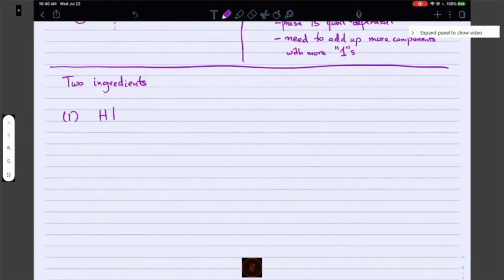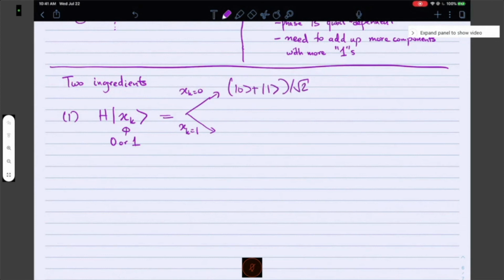A Hadamard gate applied onto a particular qubit with xk, so xk is either 0 or 1, if it's 0, it's 0 plus 1 over square root of 2, right? You've seen this already. If it's 1, it's 0 minus 1 over square root of 2.